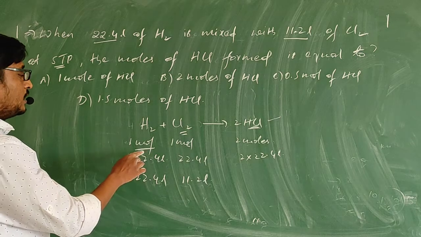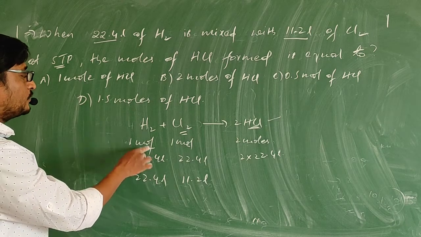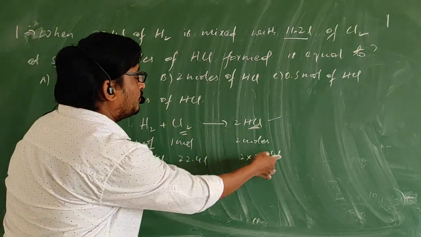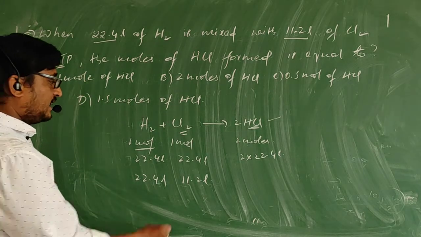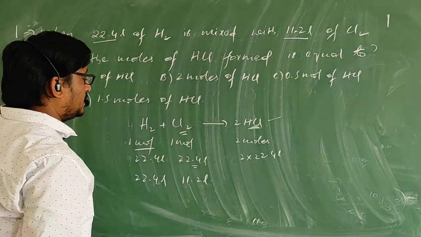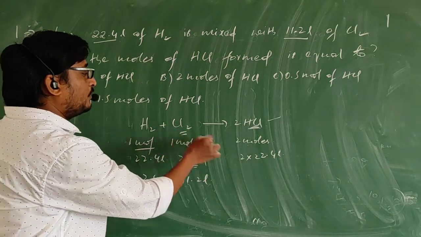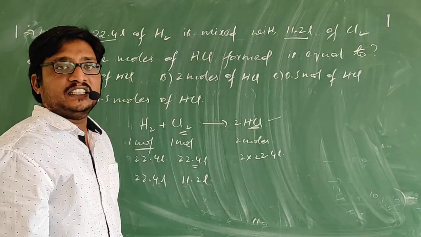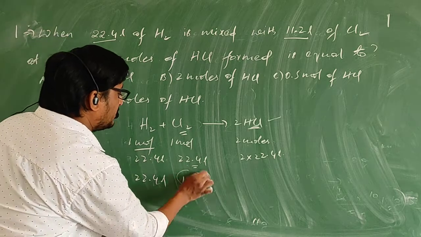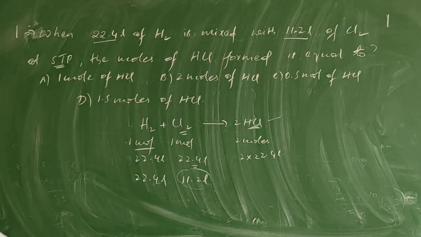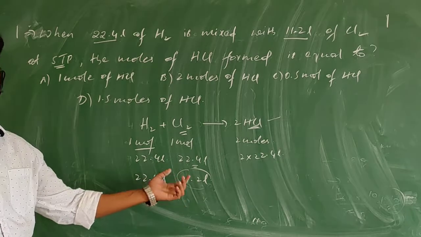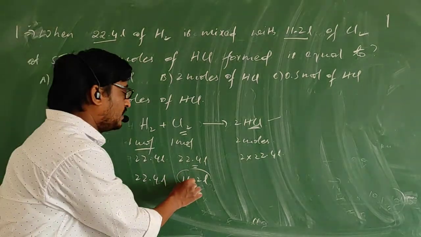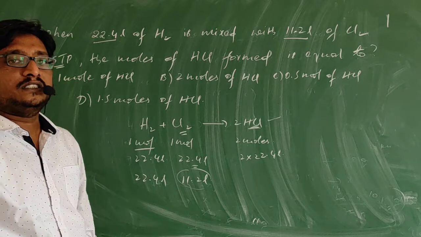Because 22.4 liters hydrogen will form 44.8 liters HCl, and in the same way 22.4 liters chlorine will also form 44.8 liters HCl. But in the question it has given only 11.2 liters. Hydrogen is in excess amount when compared with the amount of chlorine given in the question. Chlorine will form the least amount of product.